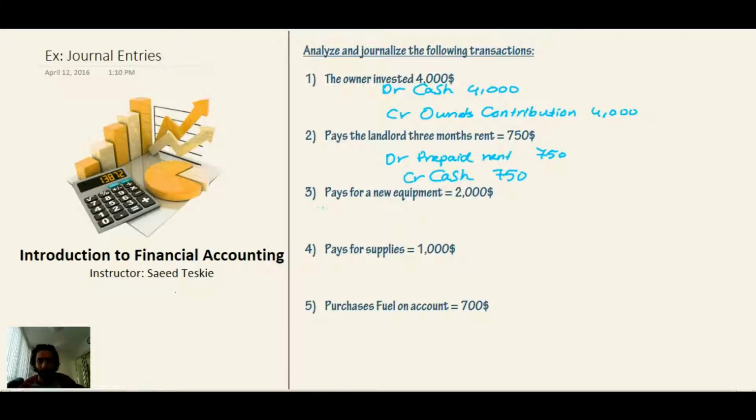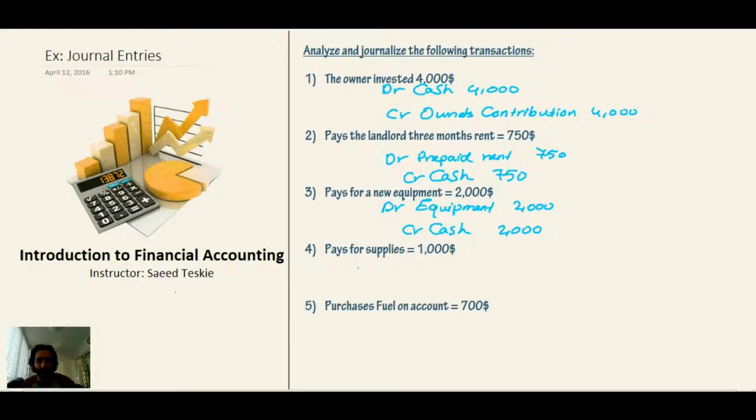Okay, transaction number 3, we paid for new equipment for $2,000, so we will debit an asset account called equipment for the amount $2,000, and because the money went out of our cash account, we should credit cash for 2,000.